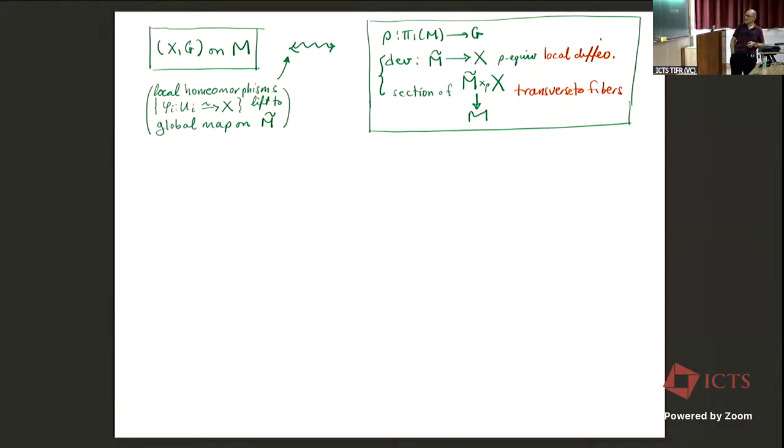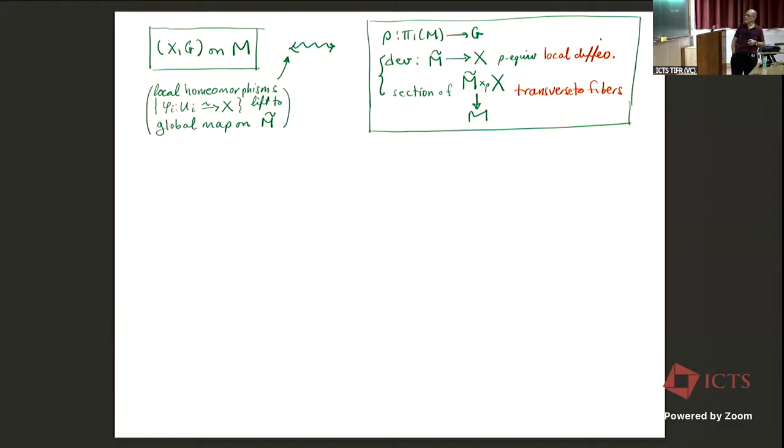And here's where the difference comes in. So if you think about what an XG structure on a manifold M is, the way I introduced it was a collection of coordinate charts, local homeomorphisms into the model space with transitions given by elements of G. So this is local information. But you can repackage the local information into a global map.